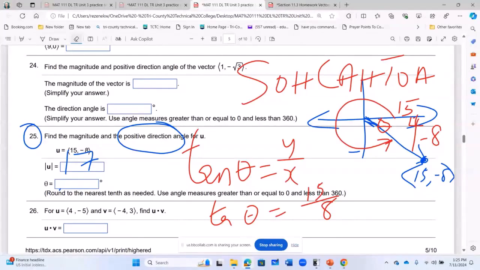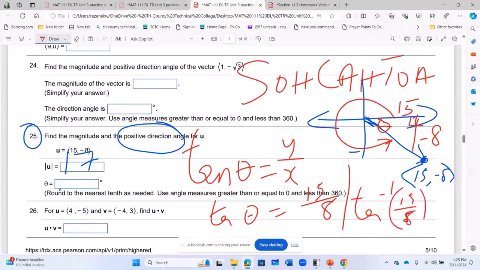The angle in the fourth quadrant is 360 minus theta. So in other words, I'm going to find tan inverse of 15 over 8.